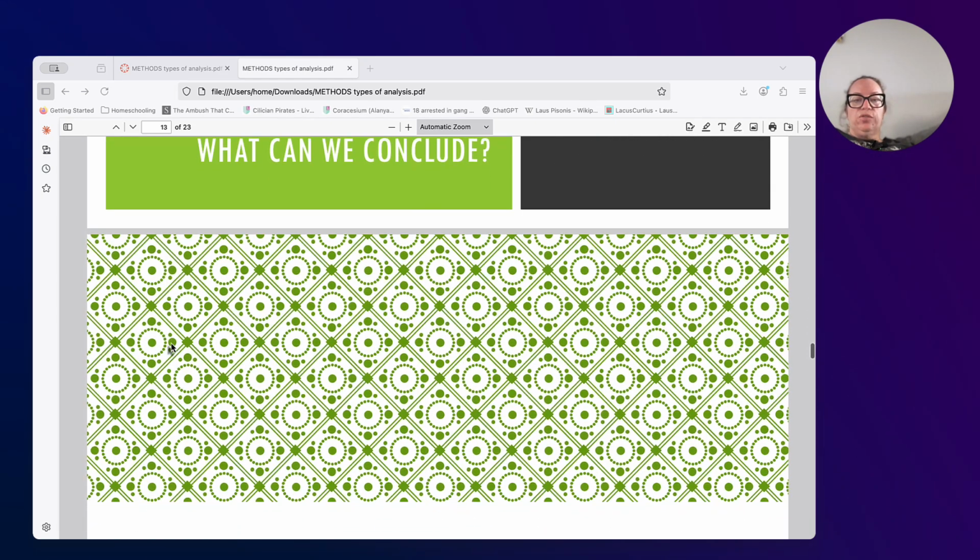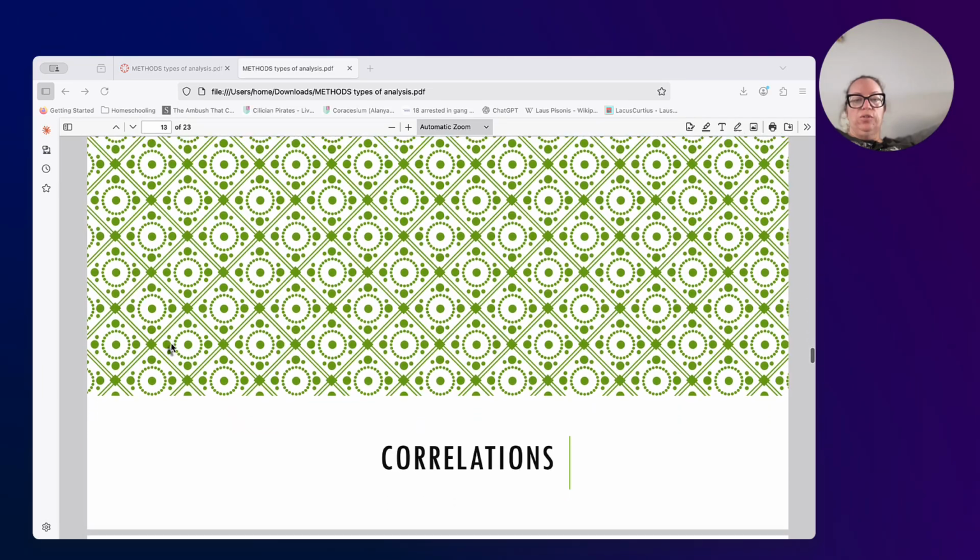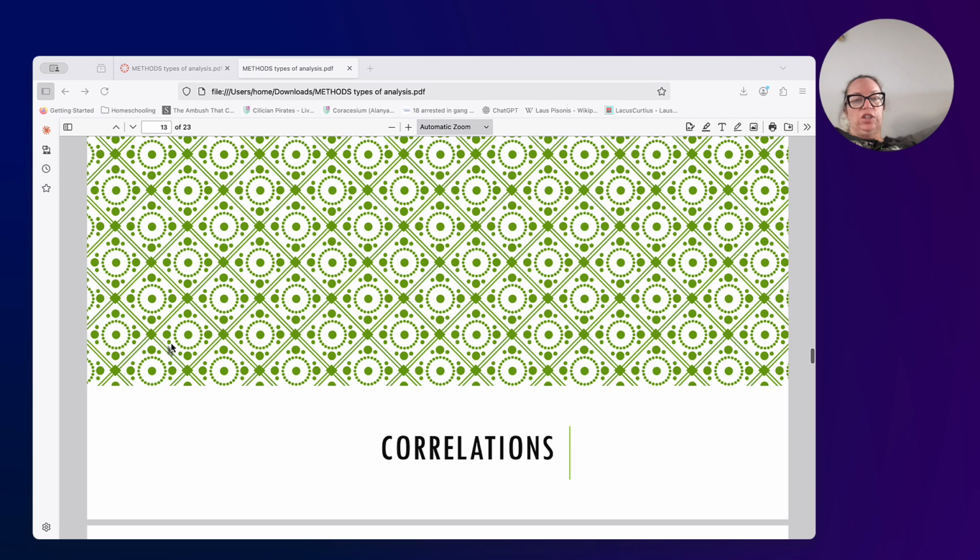Right, a different direction now is the correlation. I think correlation is one of the most chronically misused words in all of statistics, and you're going to be all the wiser now and understand what a correlation really is. Correlation compares 2 interval or ratio variables.